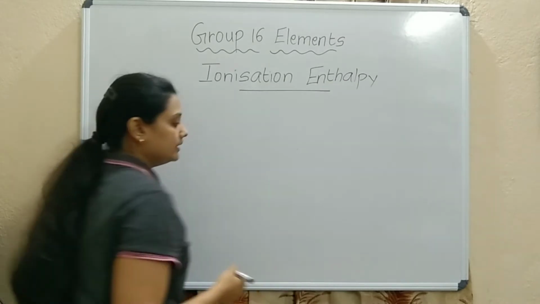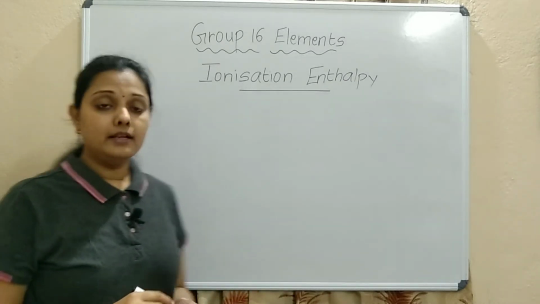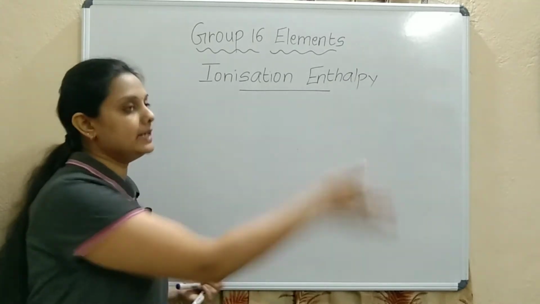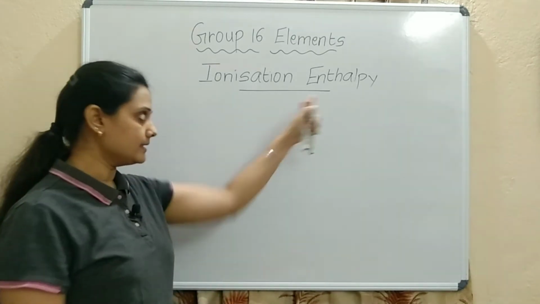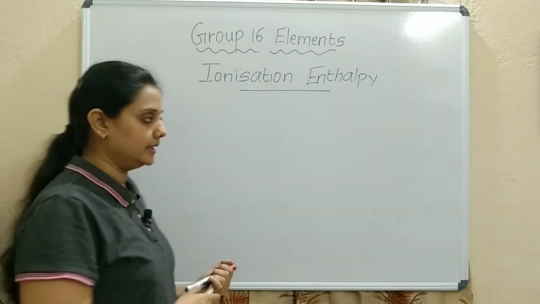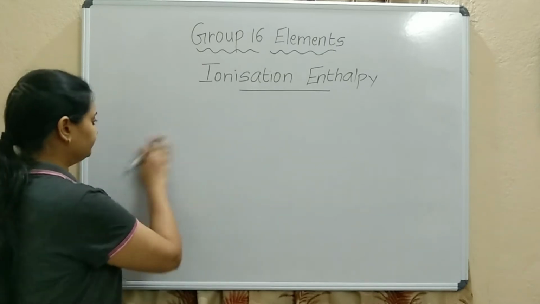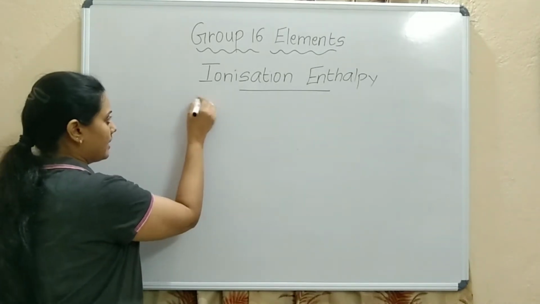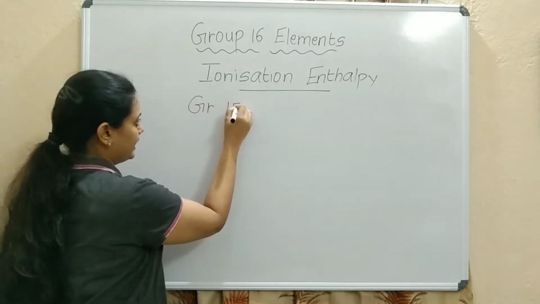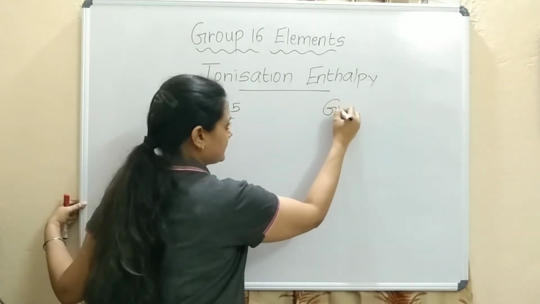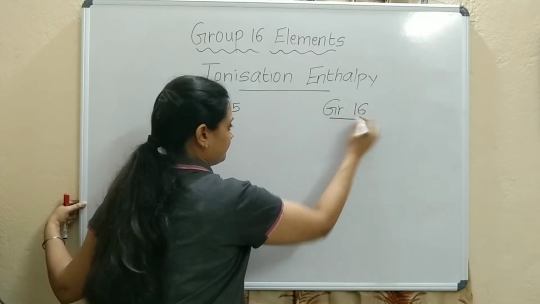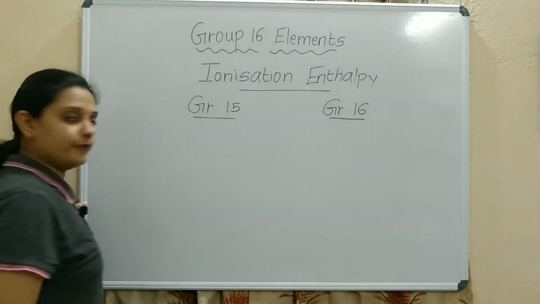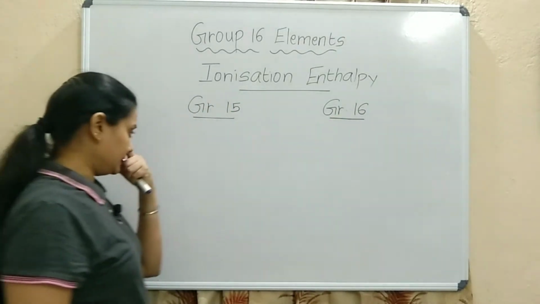Ionization enthalpy means the energy required to remove an electron. Correct, that is ionization enthalpy. So let's check now. We will directly do the comparison of group 15 and group 16. Group 15, the first element, is nitrogen.